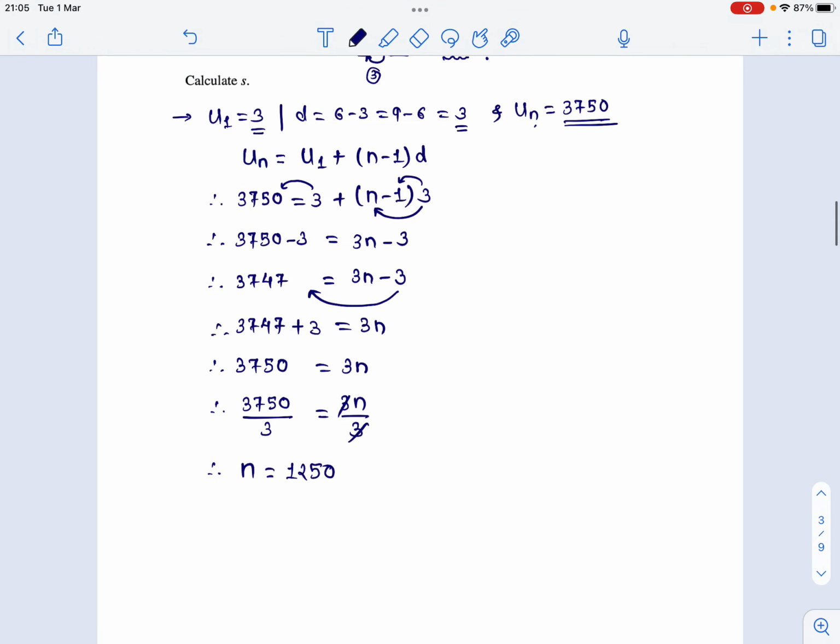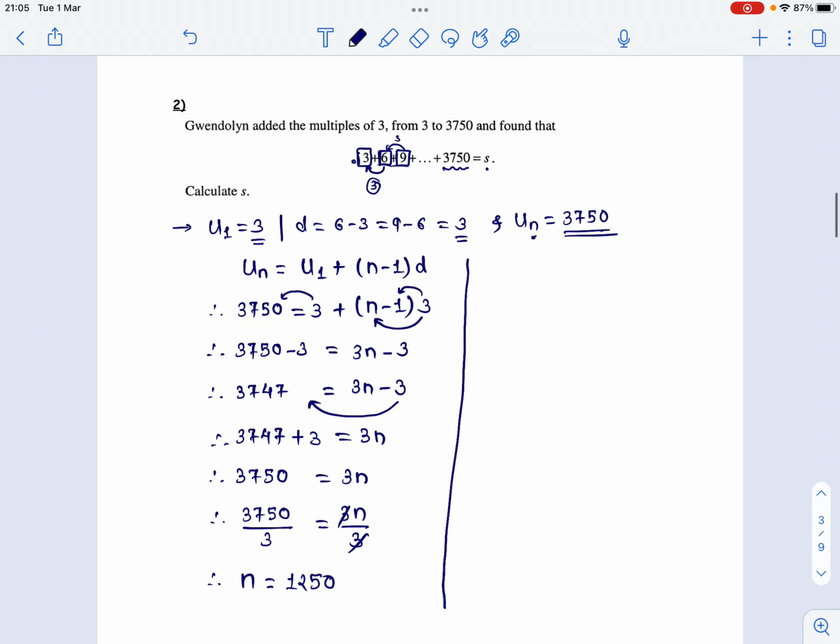Now once I know this is my 1250th term, we will use the final formula which they are asking for, which is S. S stands for summation. Now here we can see that your first term is 3, second term is 6, and we know the last number as well as which number of term it is.